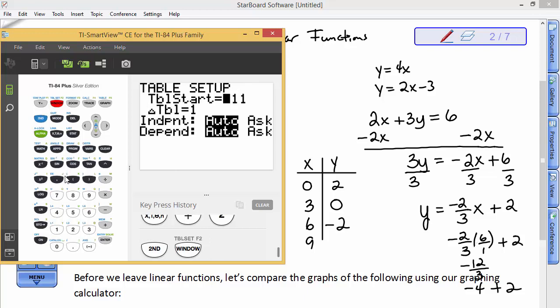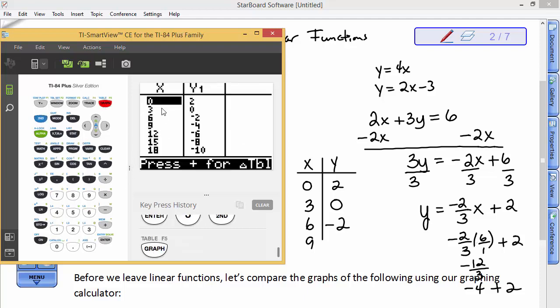And I'm going to go in increments of 3 because then I'll see nice numbers coming out. And then I'll go second and hit the graph key. And there's the 0, 2 that I just found right here. Here's the 3, 0. Here's the 6, negative 2. And this 9 right here would be a negative 4.